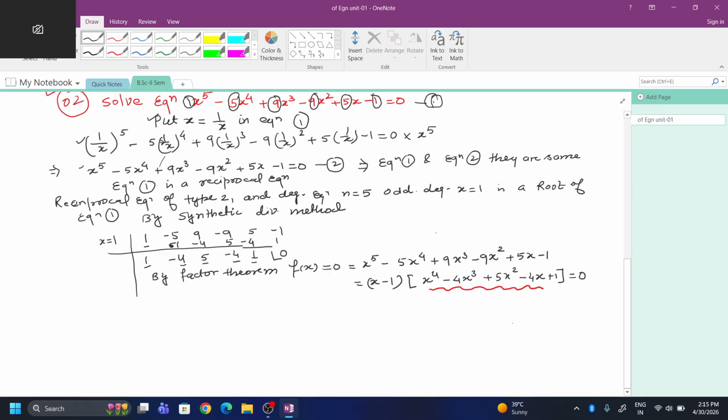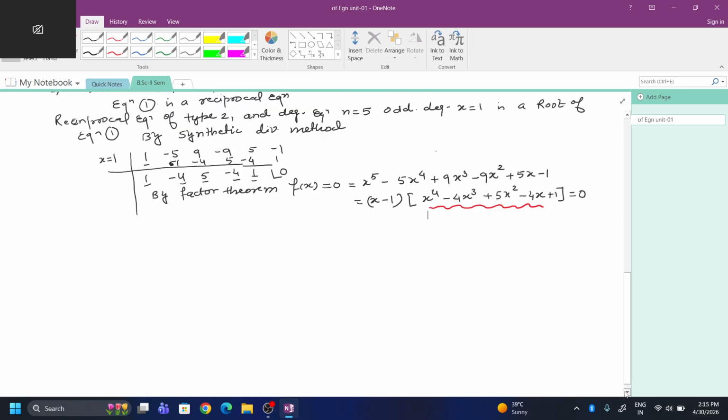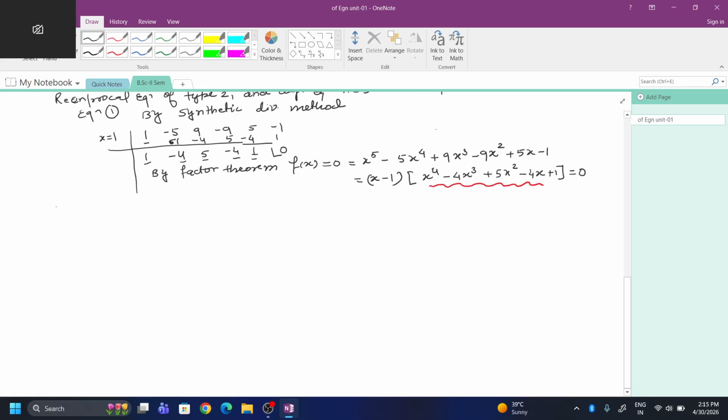Now we consider x to the power 4 minus 4x cube plus 5x square minus 4x plus 1 equal to 0, and this equation is divided by x square. Once we divide it by x square, then we get x square minus 4x plus 5 minus 4 upon x plus 1 by x square.